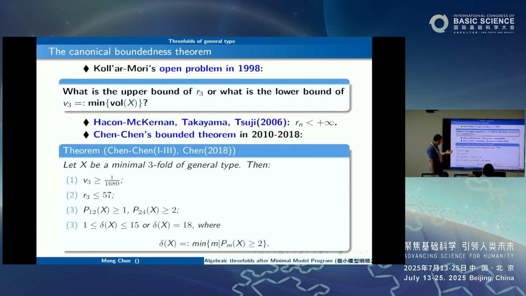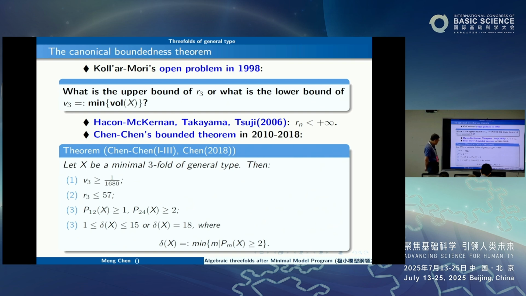And actually, for any threefold of general type, we know the 12th plurigenus is positive, and the 24th plurigenus is at least 2.